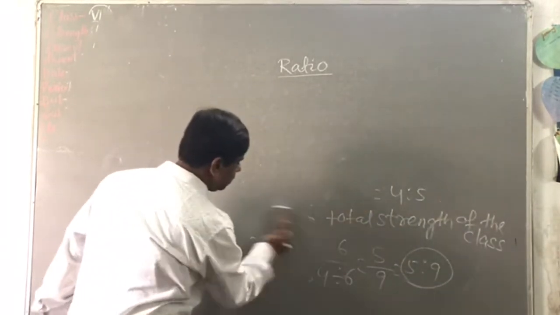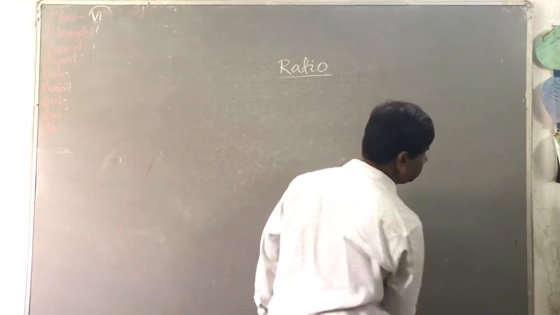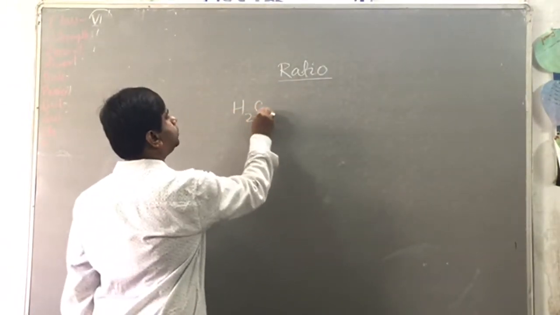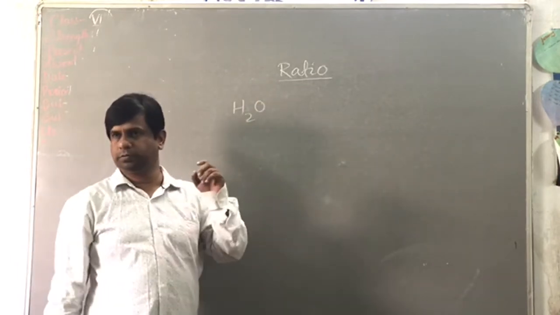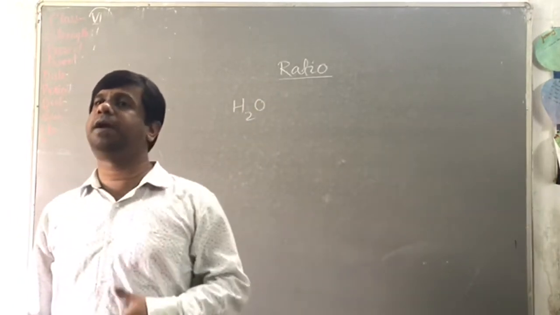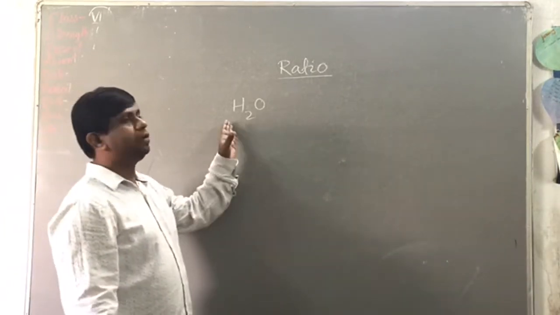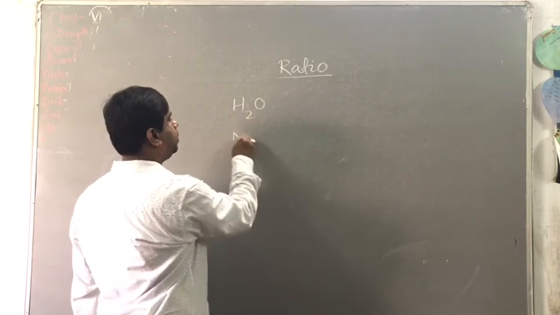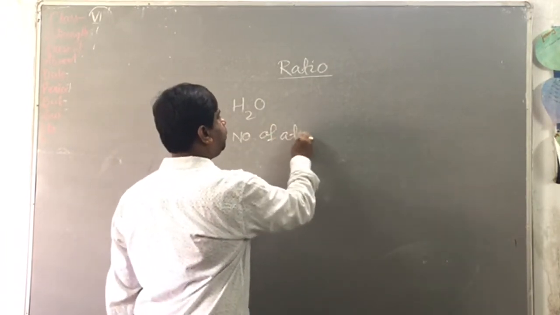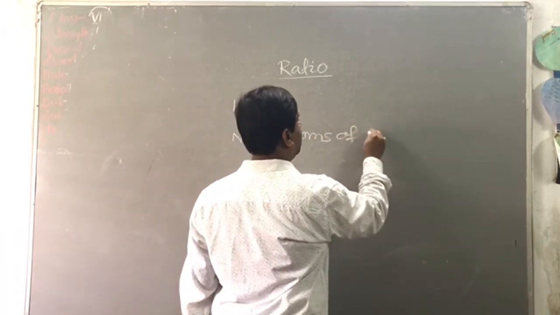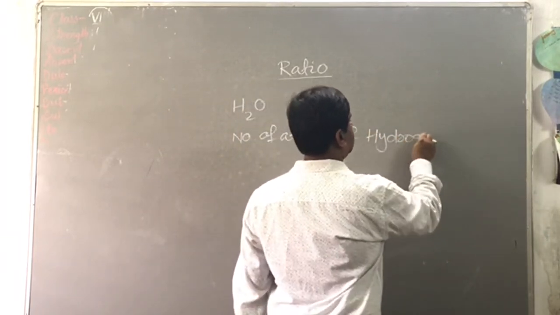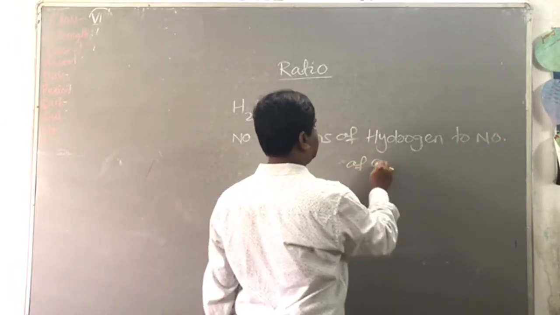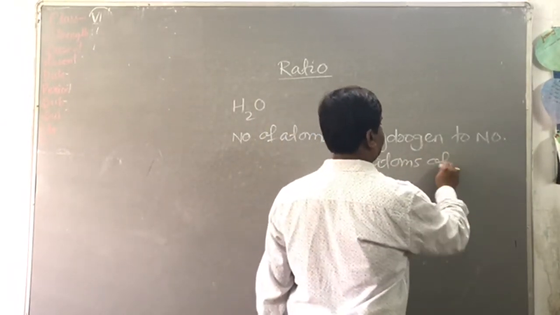I am writing the formula of water. What is the formula of water? Do you know? H2O. If you find the ratio of the number of atoms, there are two elements. One is hydrogen, another is oxygen. The number of atoms of hydrogen to number of atoms of oxygen.